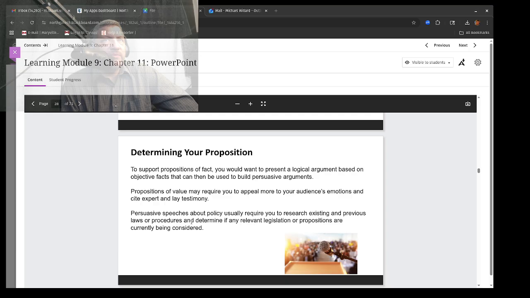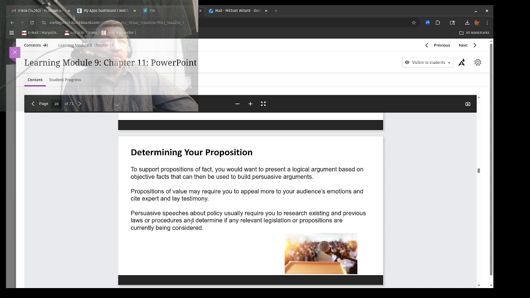You want to present logical arguments based on good information, not slanted information, and you want to acknowledge someone else's point of view, but then show them, through good information, that maybe they should change their point of thinking, their reference point. Propositions of value may require you to appeal more to your audience's emotion, and you'll have to cite expert and lay testimonies, meaning expert testimony and lay people.